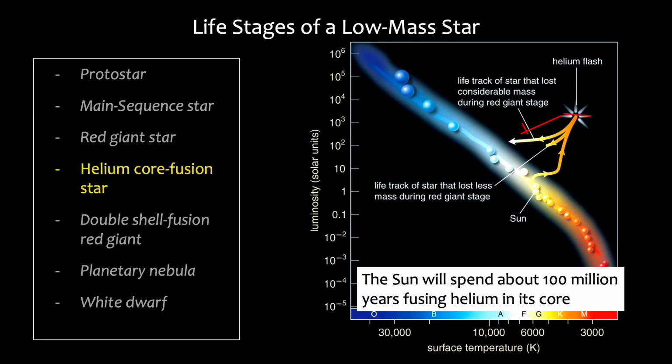Again, all low mass stars, regardless of mass variation, tend to converge onto the horizontal branch due to some physical mechanism that we understand. The physics behind this is quite well understood. Now, for our Sun, this horizontal branch will last about 100 million years.